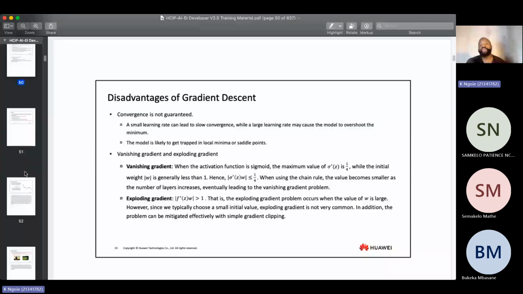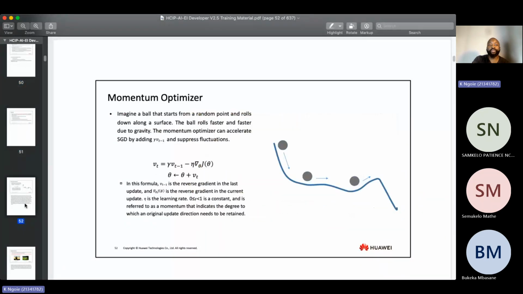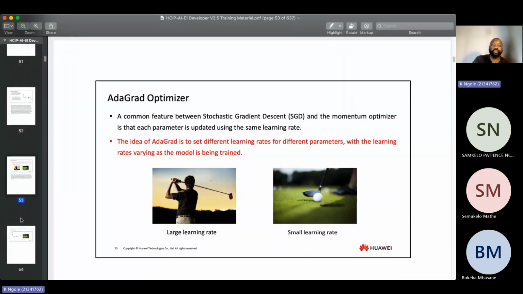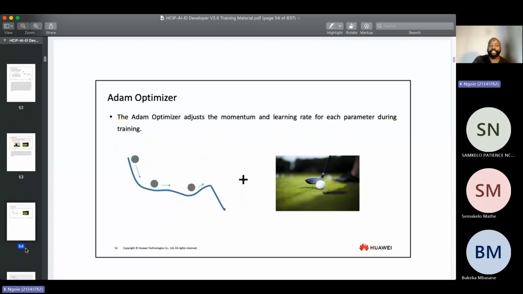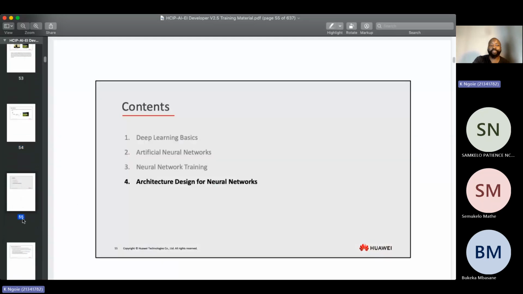But with most of those functions, like when you use the sigmoid function, you end up with a vanishing gradient problem. So to avoid the vanishing gradient problem, the best way is to use an activation function such as the ReLU activation function. The ReLU is a very good activation function. We also spoke about optimizers. We have the Adam optimizer and the Adagrad optimizer.